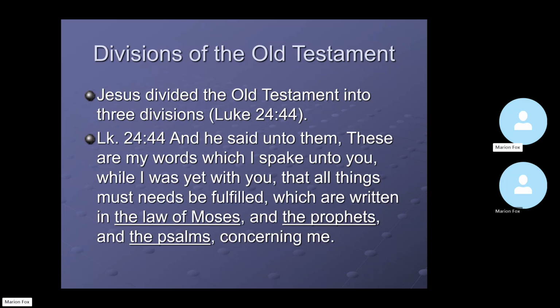The New Testament didn't exist at this time. And so he divided it up into the law of Moses, the prophets, and the Psalms. That's how he divided them up, and that's how the Jews generally divided it at that time, although we'll see some other ways of dividing it. They don't use exactly these same words.